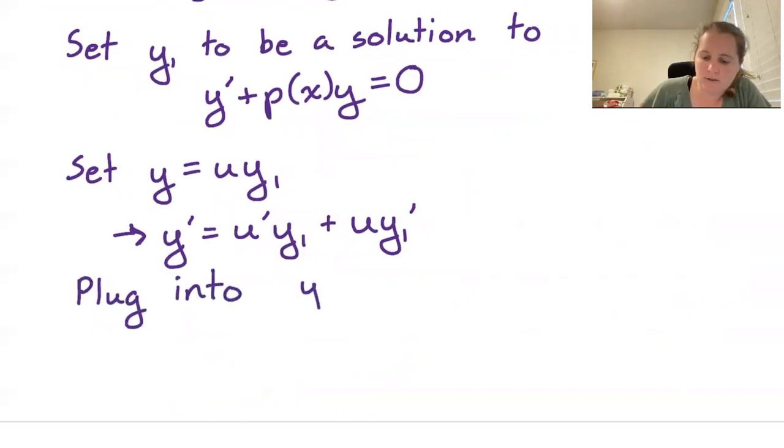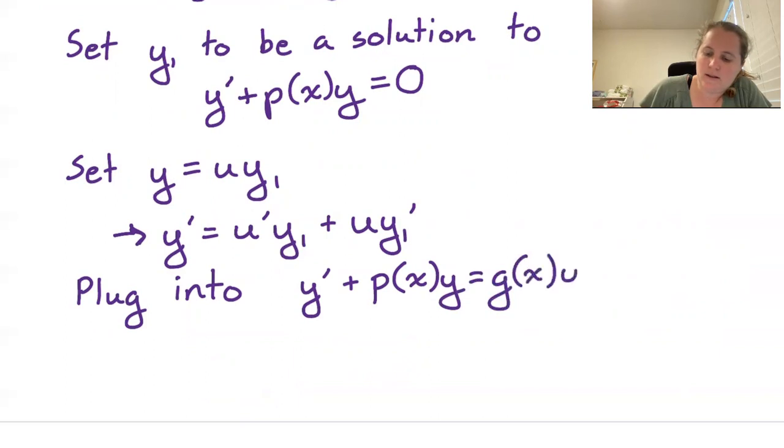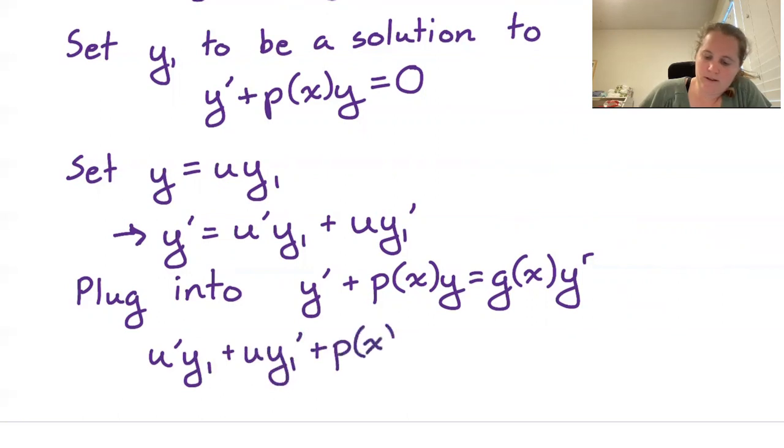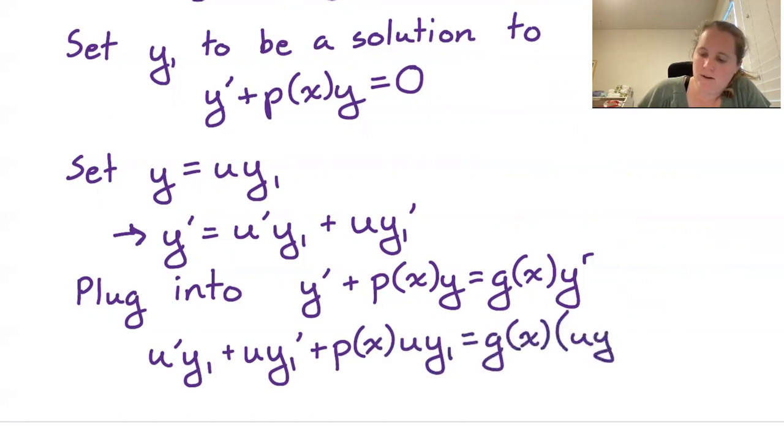So we'll plug this into y prime plus p of x y is equal to g of x times y to the r. And we get then that we have u prime times y1 plus u y1 prime plus p of x times u y1 is equal to g of x times u y1, the whole thing being raised to the r.